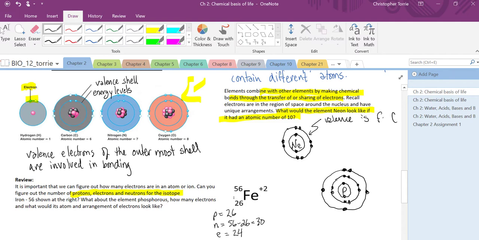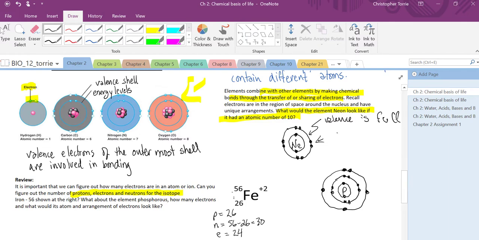And that means that the valence shell is full, and therefore it doesn't form bonds. Remember neon, it's that one that I was talking about earlier. It exists as individual atoms as an element. It doesn't have any unpaired electrons, so it doesn't like to form bonds with anything, as opposed to these ones over here. And it's an inert gas. We can talk more about that if you have questions.